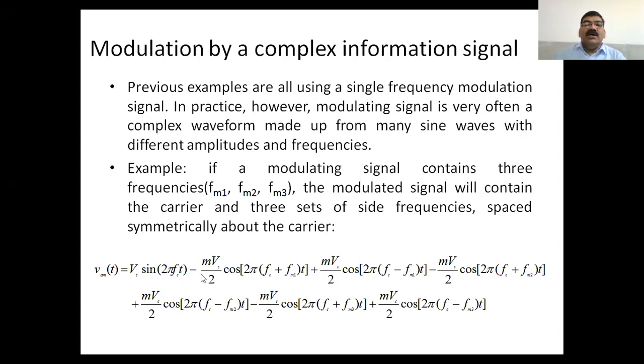Now, one of the frequencies is FM1, one modulating frequency. Again, it is MVC by 2 into cos 2 pi (FC plus FM1) into T. Can anybody quickly tell me whether what I read just now is the upper sideband or lower sideband?